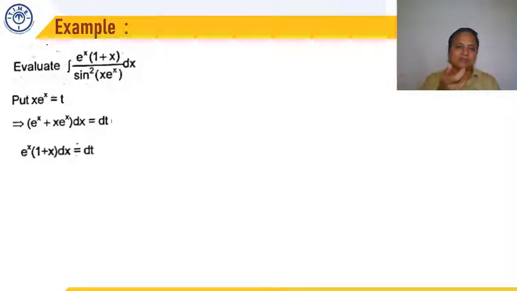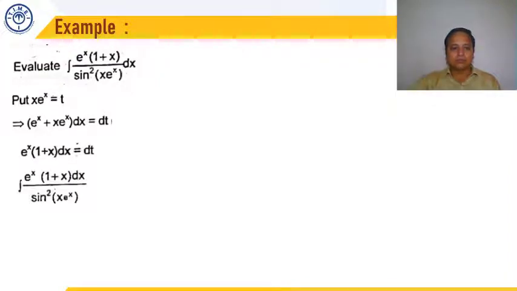E to the power x is taken common. Then we have e to the power x into 1 plus x dx is equal to dt. So we are changing our integral to a new variable called t.